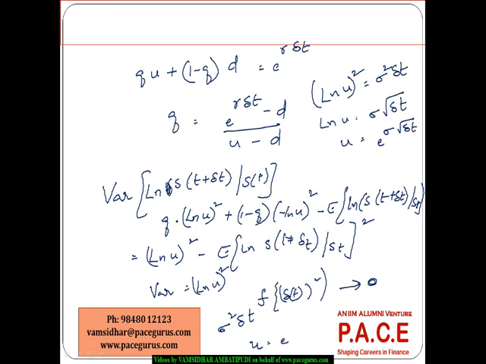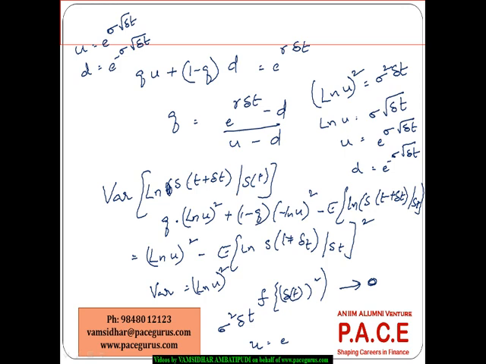Because u is 1 by d, d will become e power minus sigma times square root of delta t. So in a typical calibration model, the up move is e power sigma root delta t and the down move d is e power minus sigma root delta t. This is how the typical computation comes out.